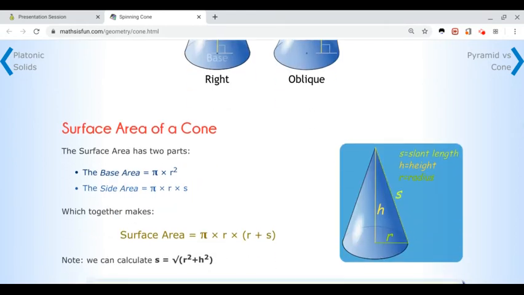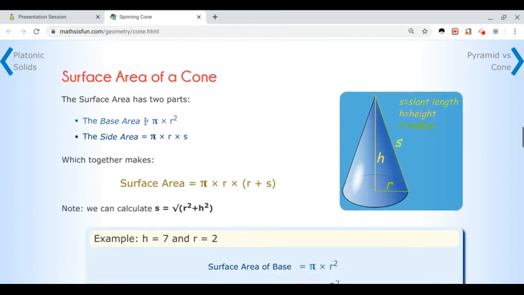And then at the surface of the cone, again, it has its two parts. So it's the base, which is this part here, and it's again noted by the area of a circle, so pi r squared. And then the side area, which is this part here, and then it's just pi r times s.